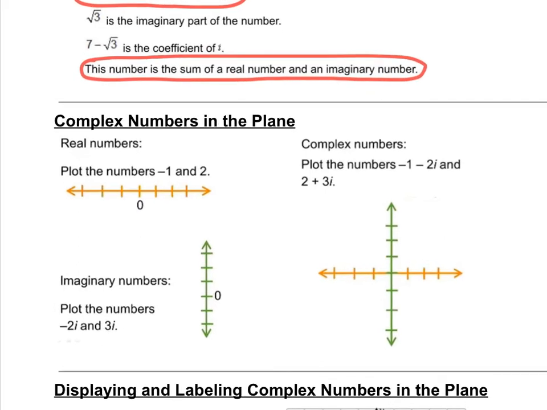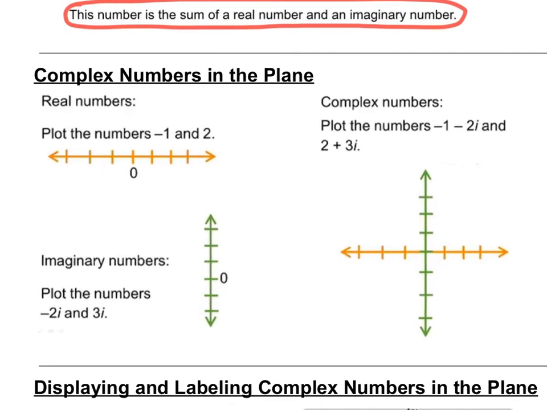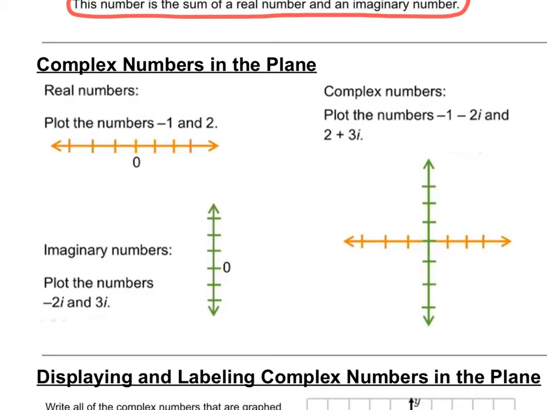All right, so let's go down here and talk about complex numbers in the plane. So we can actually graph these numbers. The x-axis is the real numbers, okay? And the imaginary numbers are like your y values, okay?